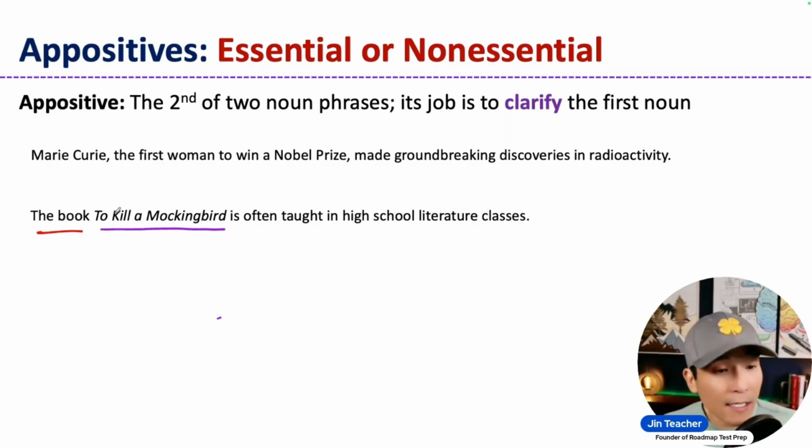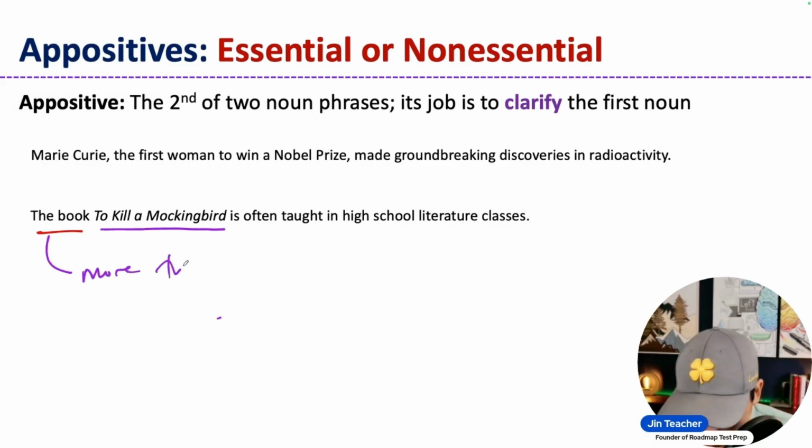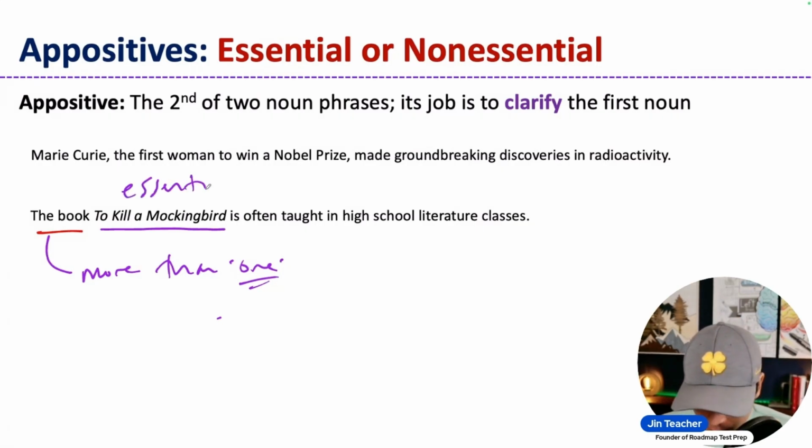How do we tell if the appositive is non-essential? We take a look at the first noun. So when we say the book, this can refer to more than one. There can be more than one book. So which book are we talking about? Because it can refer to more than one, the appositive is essential in this case.